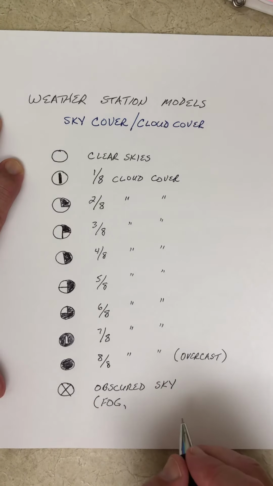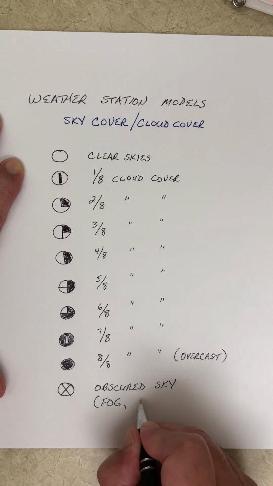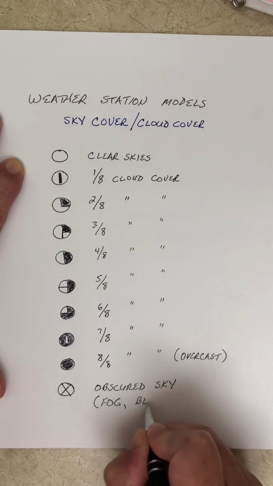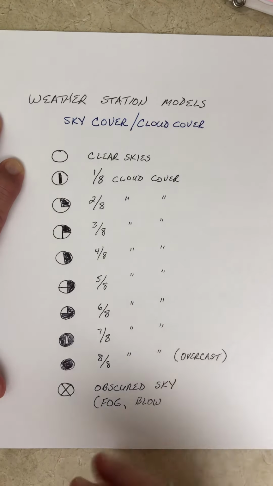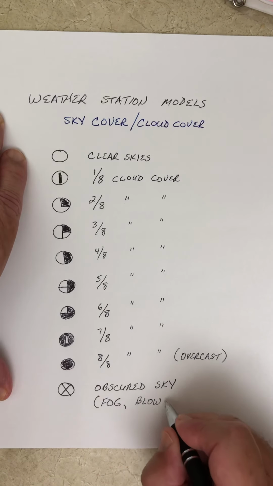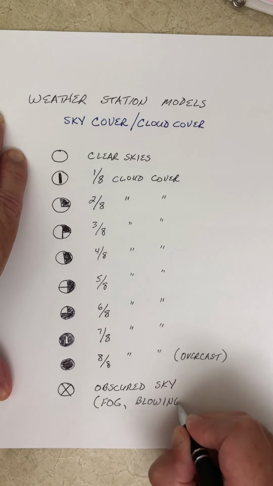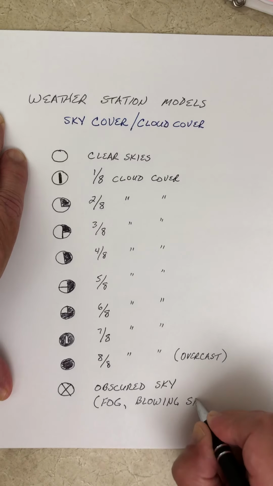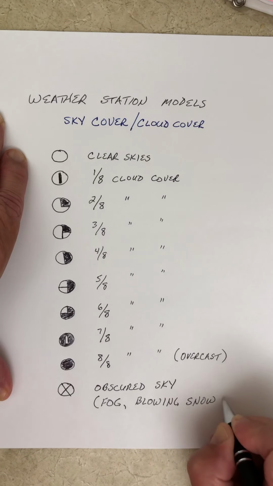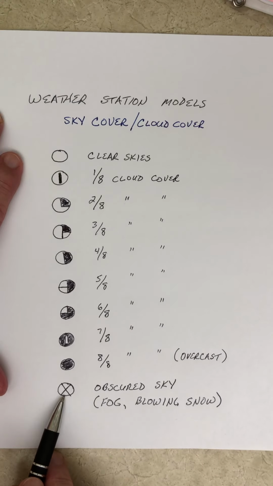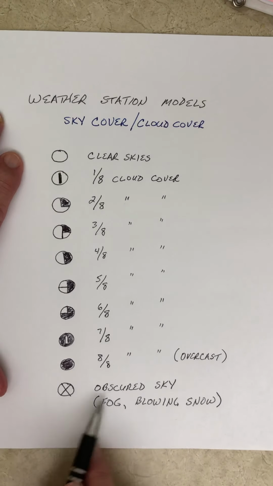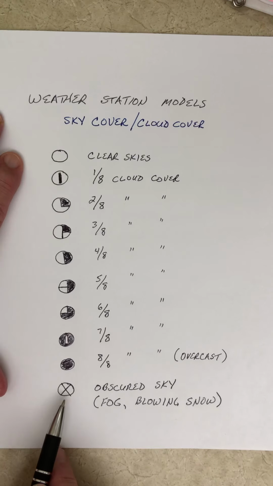Another instance in which you might not be able to see the sky is when it just snows, a light, dry snow, and then the wind picks up and it's blowing that snow all over the place. So blowing snow would be another instance where you might not be able to see the sky, and then you'd have to report an obscured sky, which would be, again, an X in the middle of the weather station model.